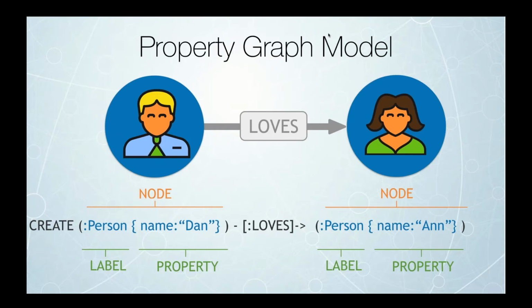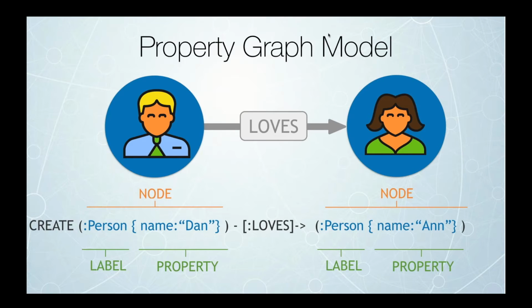Well, Cypher is all about pattern matching. So we simply define the pattern that we want to create. Nodes are represented by parentheses. We then add a label to the node that you can think of as the class or the type of the node.